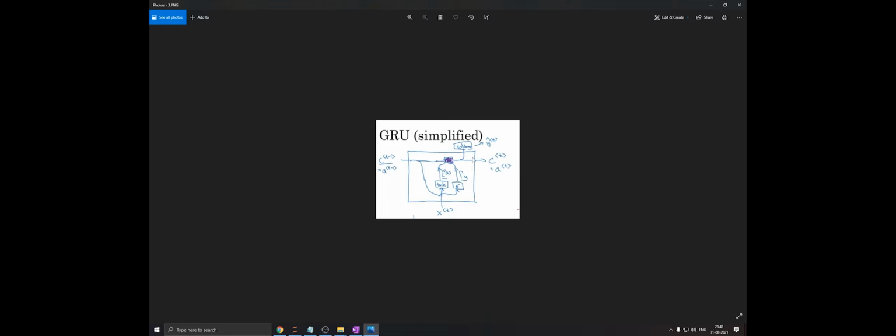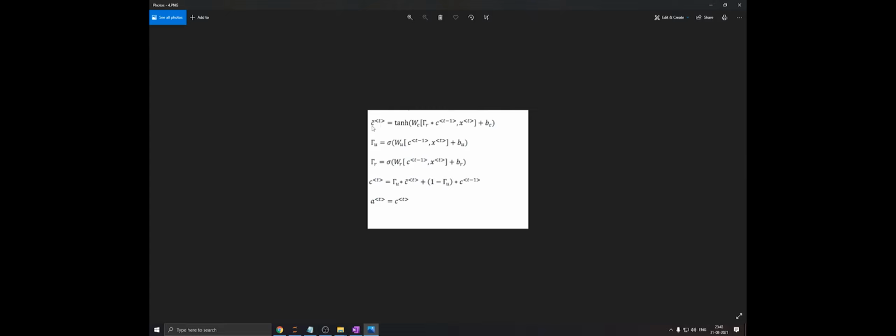So this is the memory cell C of t, and this is the candidate value by which the memory cell will be updated. And these are the two gates. This is the update gate and this is the relevance gate, and these are the tanh functions to introduce non-linearity in our model, the sigma function, and this is the weight matrix for the update gate, relevance gate, and candidate value.